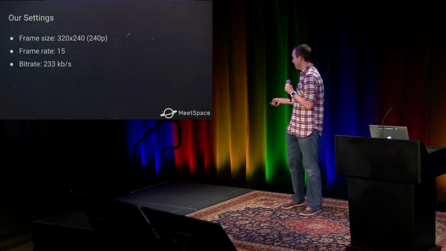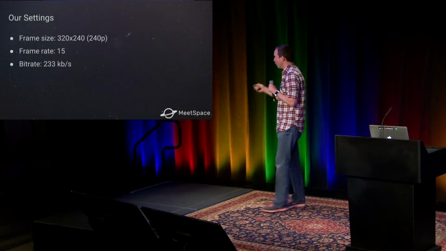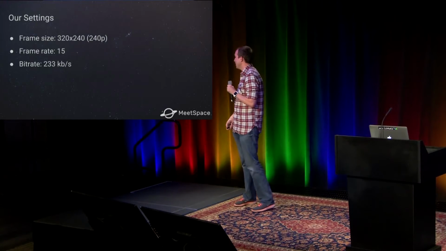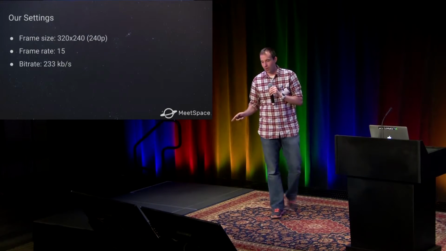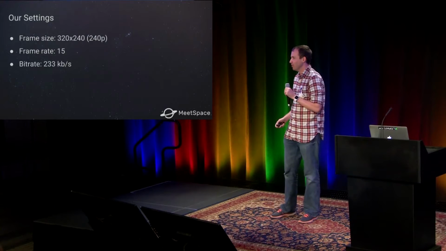So what our settings ended up being: the frame size was 320 by 240. That's 240p. That's the setting that's usually below low and is called mobile or something else. For frame rate, 15 frames per second, and this is the one that really shocked me. We dropped the bit rate to 233 kilobits per second.